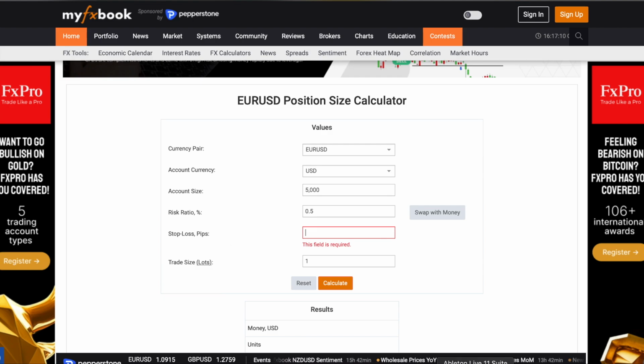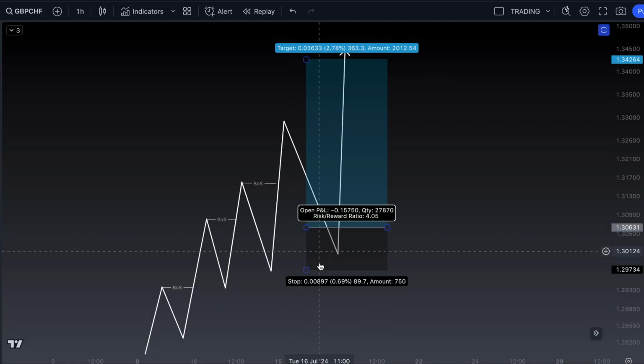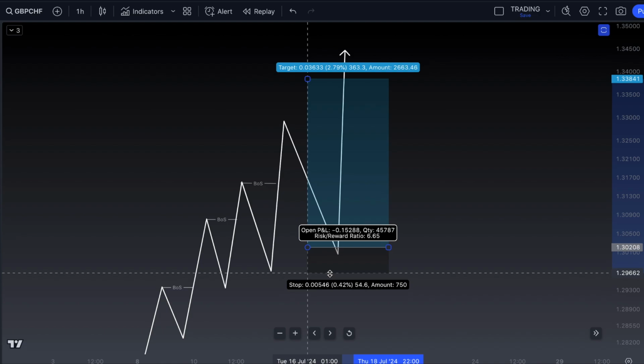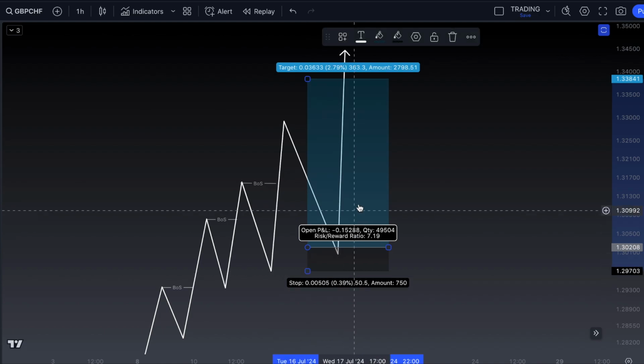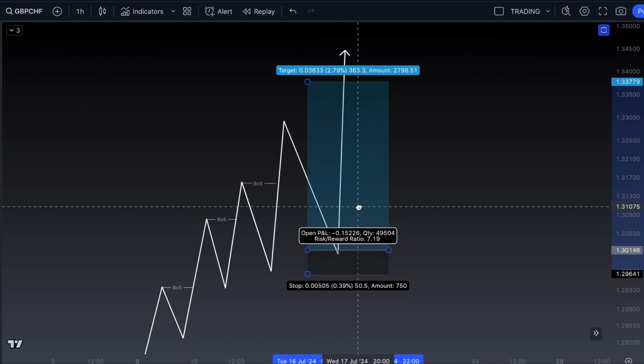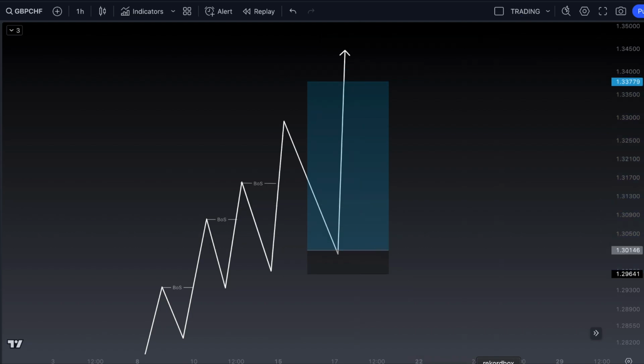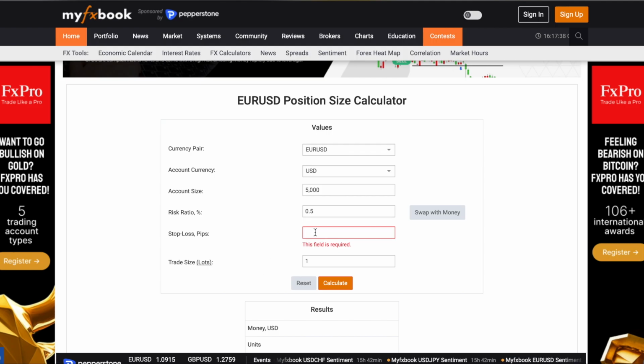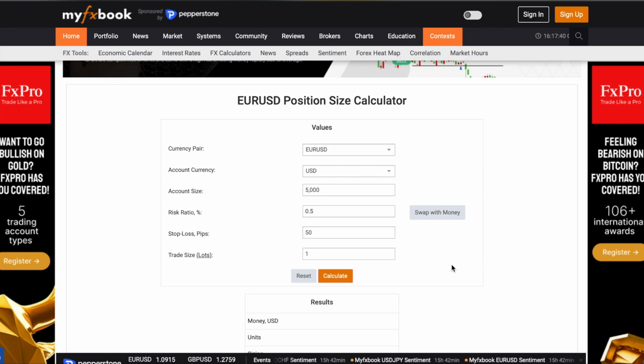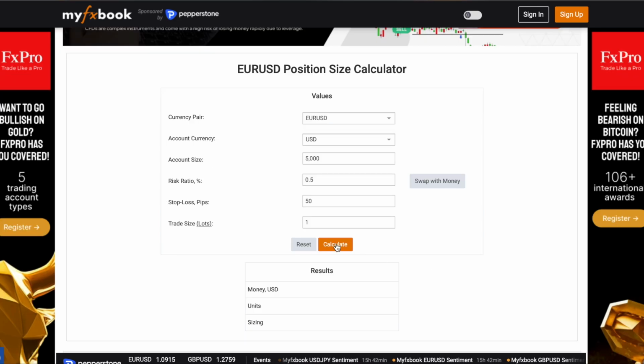So you would go back to your TradingView. In this instance we have, let's just say, a 50 pips stop loss. So we would put 50 pips, and the trade size, just leave that as 1, and then you press calculate.